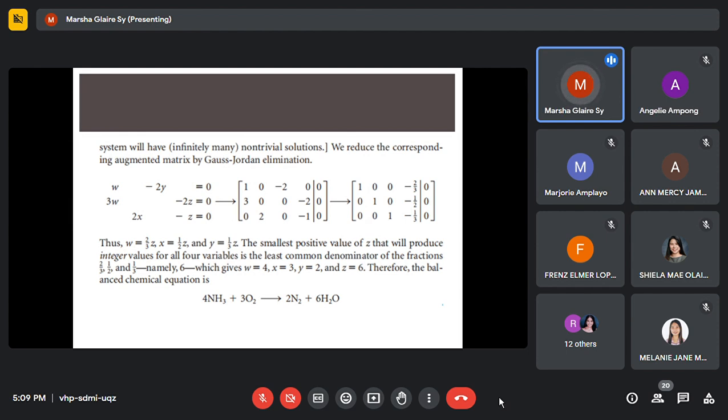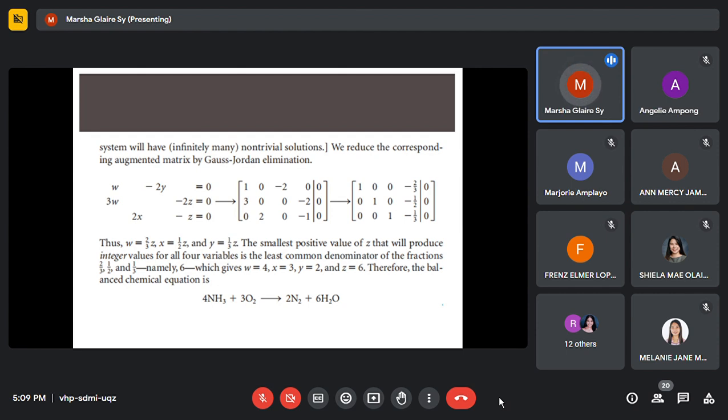So thus, we have W equals 2 over 3 Z, X is equal to 1 half Z, and Y is equal to 1 third Z. So the smallest positive value of Z that will produce integer values for all four variables is the least common denominator of the fractions 2 third, 1 half, and 1 third, which is 6, right?